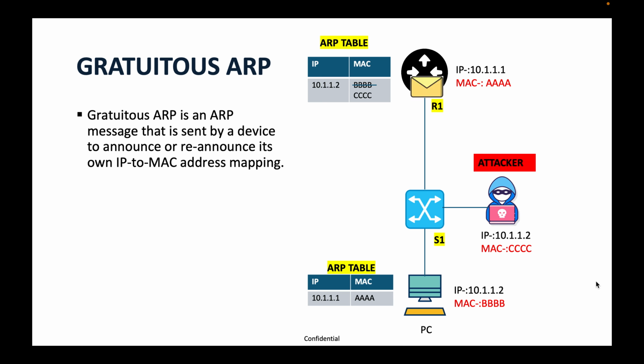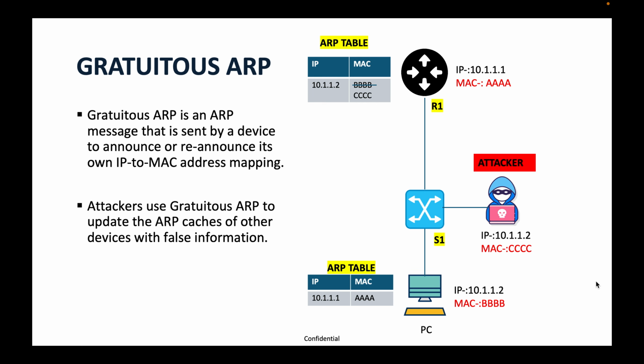So when a packet is being sent from R1 to the PC, it will go to the attacker machine, and then the attacker will observe it and forward it back to the PC. So as I said, attackers use gratuitous ARP to update the ARP cache of other devices with false information. So we have to be very careful with ARP.